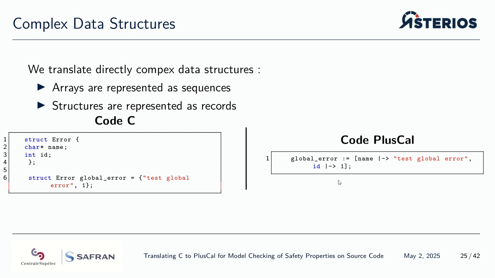It will be translated directly in PlusCal as the variable global error equal to a record with the name field test global error and the ID field to 1. As for the loops, it is very convenient because we can directly translate arrays and structures into PlusCal without doing weird things.